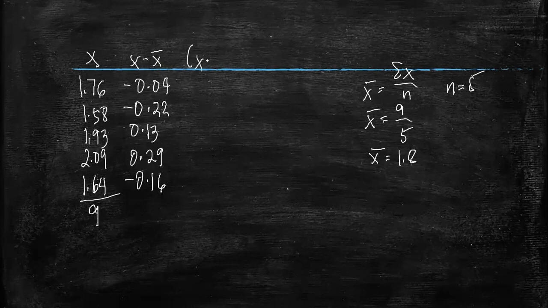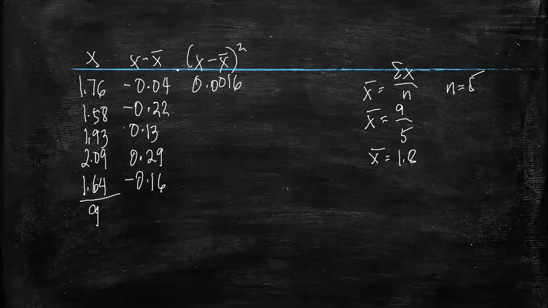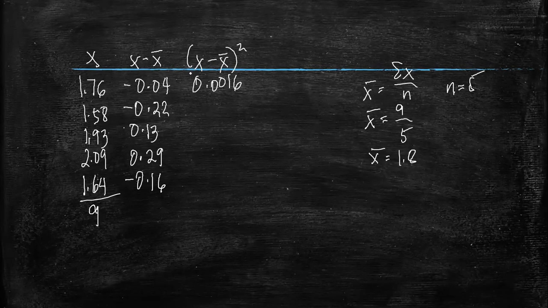O, square pa yan isa-isa. So, x minus x bar squared, we have 0.0016. Ito class yung squared ng 0.04 naka-scientific notation. Pero tandaan nyo na tinuruan ko kayo kung paano isulat ng scientific notation nung sa logarithm, di ba? Nung first quarter. So, apply nyo lang yon.